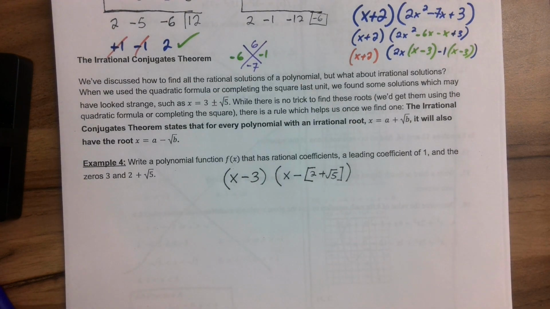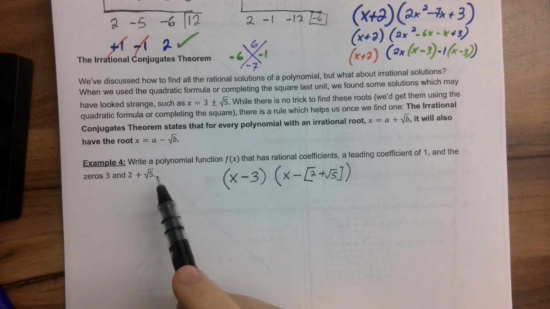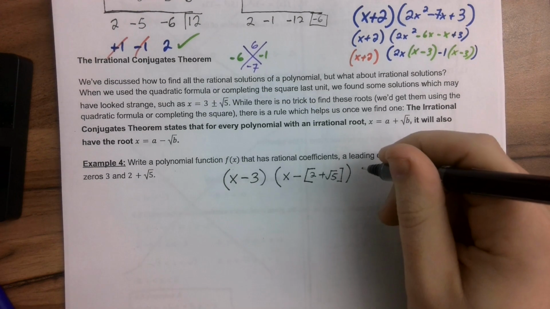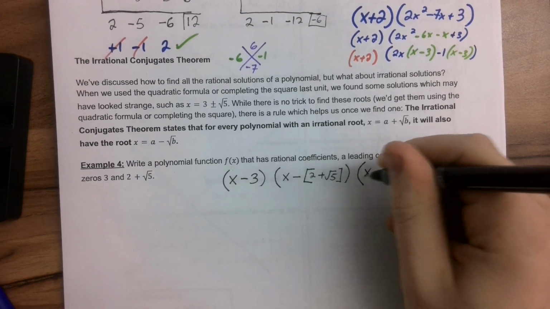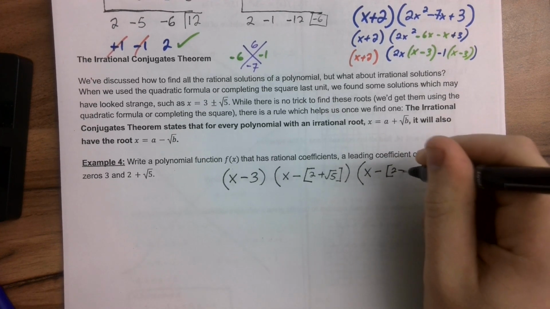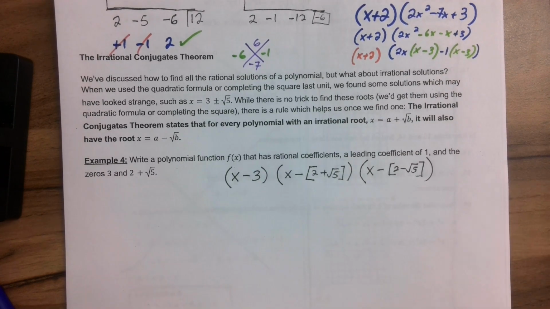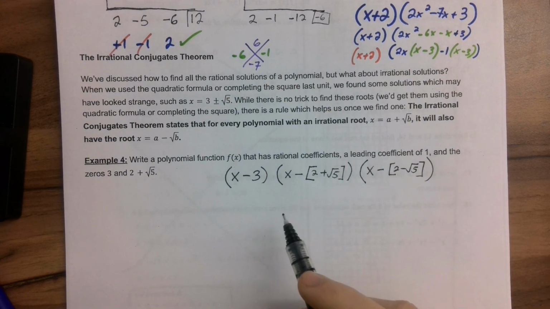But this isn't enough here, because remember the rule. If 2 plus the square root of 5 is a root, then 2 minus the square root of 5 is also a root. You'd end up with 2 minus the square root of 5 being a secret hidden factor. Let's start multiplying these together.